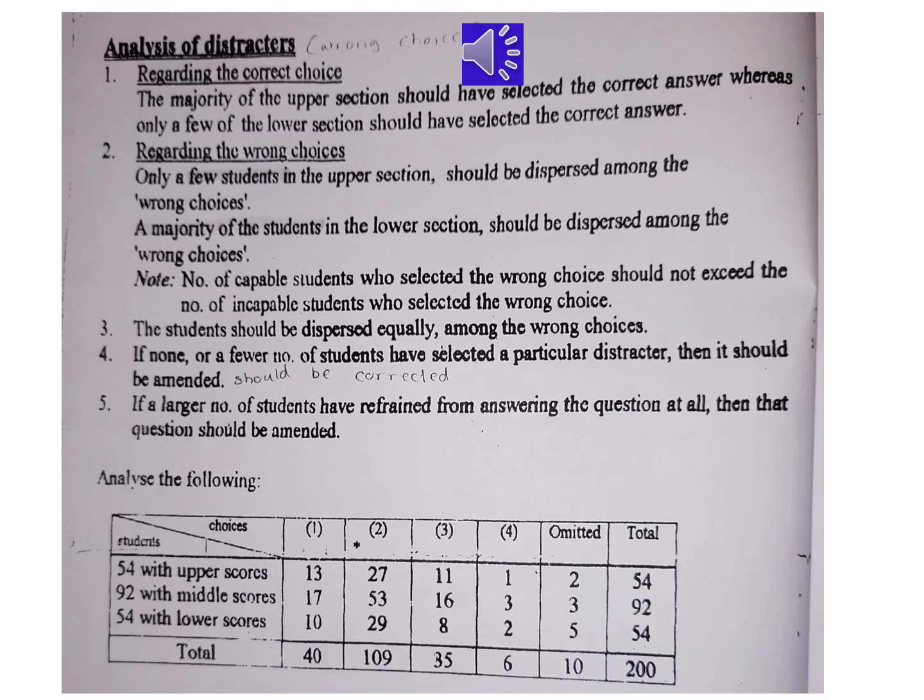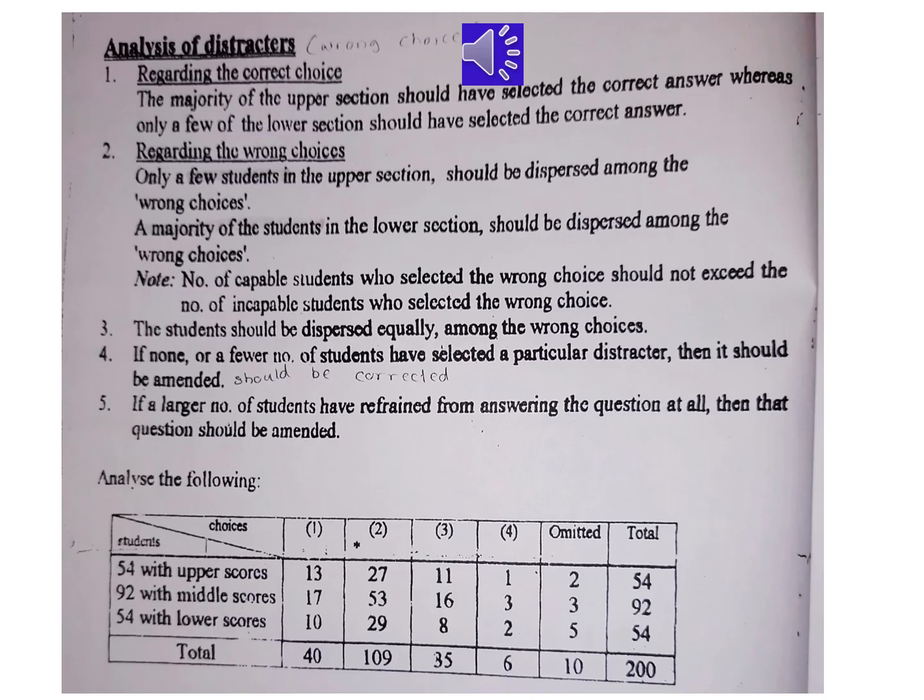Note, the number of capable students who selected the wrong choice should not exceed the number of incapable students who selected the wrong choice. That we explained. Number of capable, clever students who selected the wrong choice should not exceed the number of incapable students who selected the wrong choice.